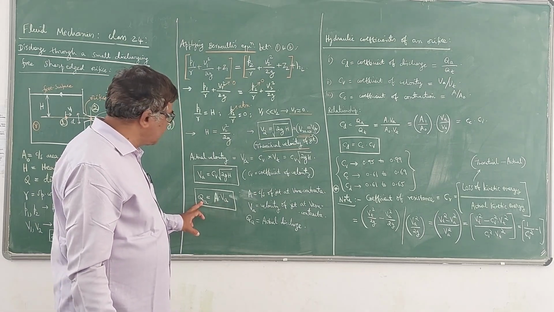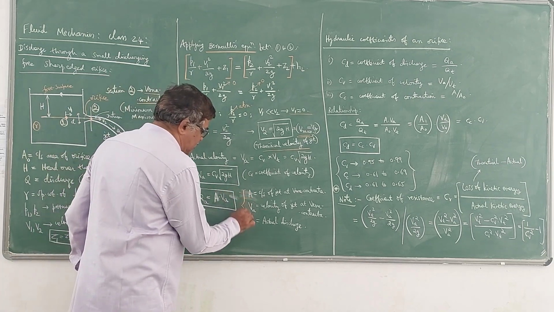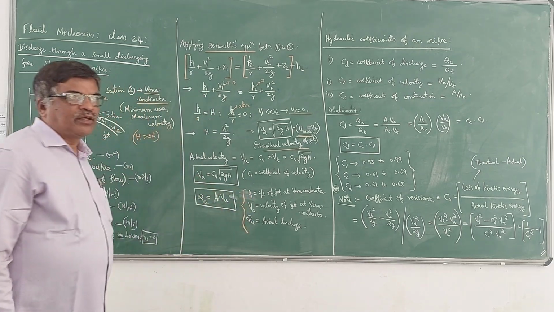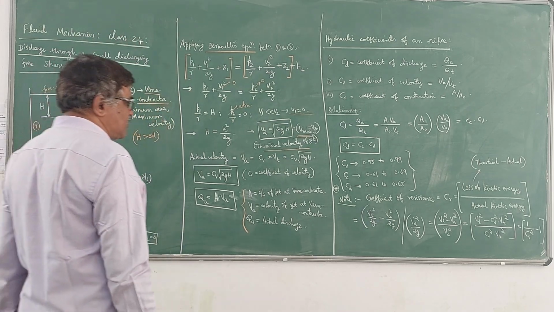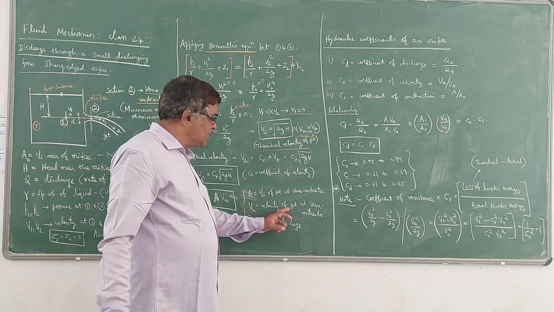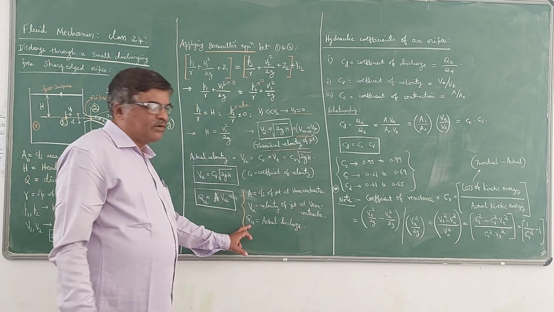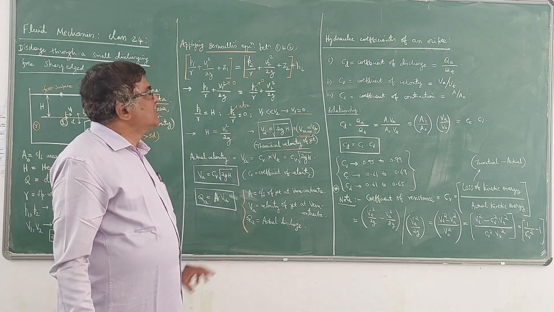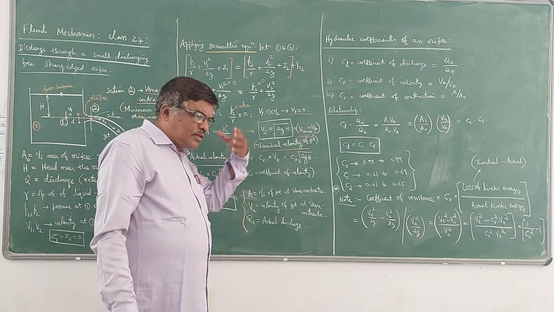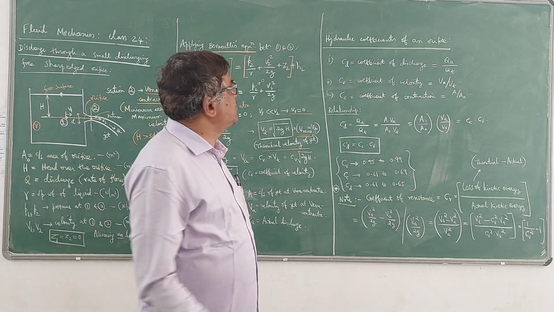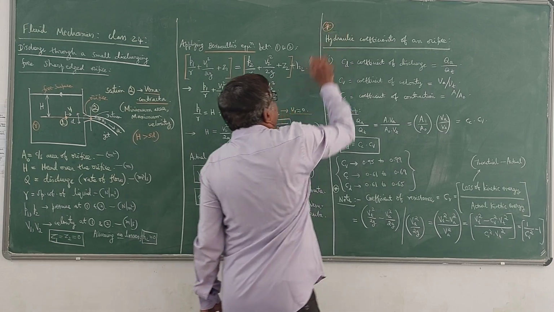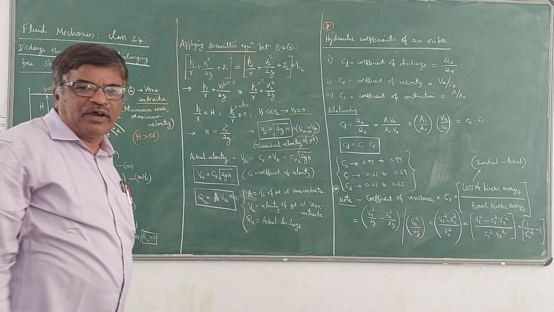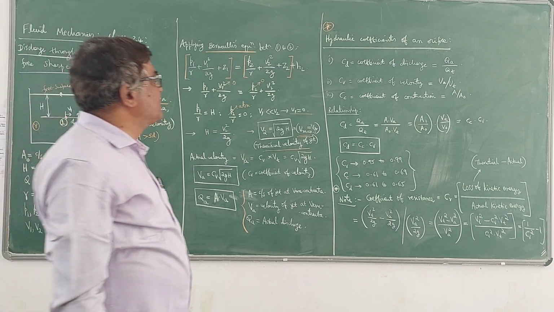So actual discharge through an orifice is given by A into Va, where A is the area of jet at Vena contracta and Va is the actual velocity, or it is called the velocity of jet at Vena contracta. Then you will get Q actual. Now there are three important hydraulic coefficients. This is also an important question: define the hydraulic coefficients of an orifice and obtain the relationship between them.